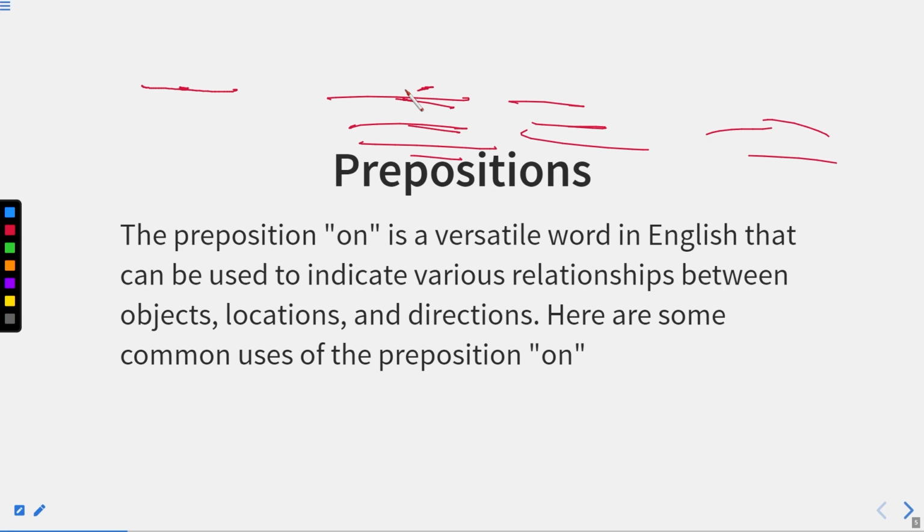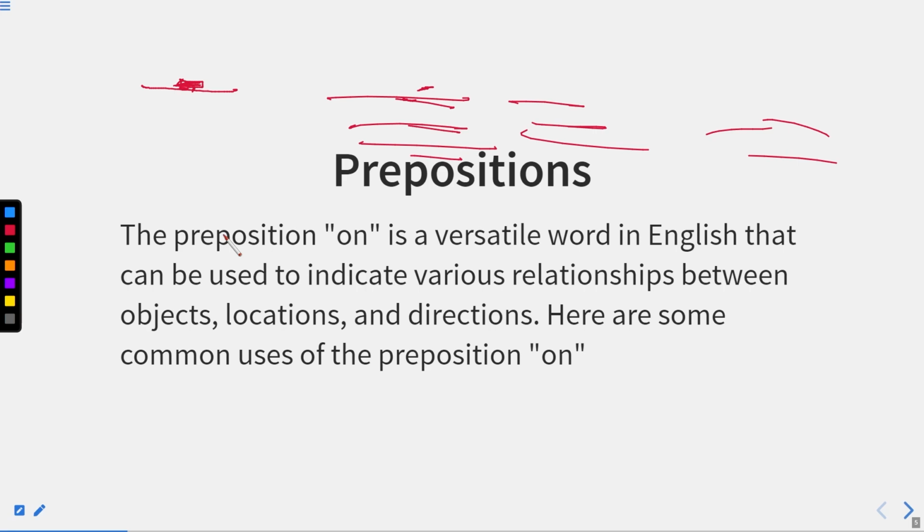Now, if something is on something, for example, the pen is on the table, this pen is touching the surface of the table. Whenever something touches the surface of another thing and it is above that particular thing, we use the preposition on. For example, if the cat is on the table, it means the cat is sitting on the table.